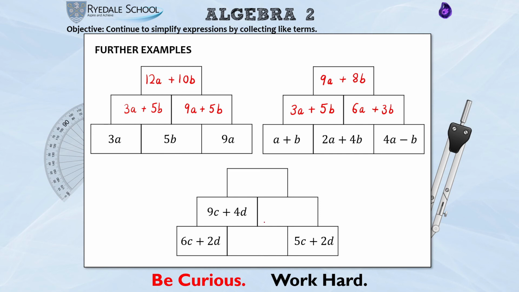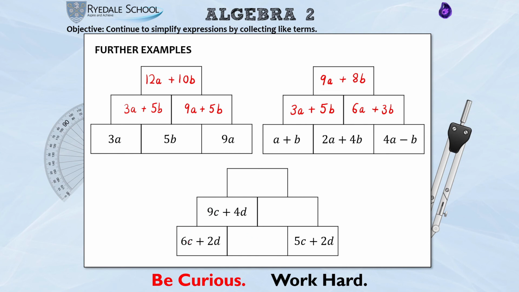In my final pyramid, and you might see some like this today, I've done it a little bit differently. I haven't given you all the 3 bottom blocks. But we know, if I'm going to try and work out this block here, that this and this block that I'm trying to work out must add together to give me the 9C plus 4D. So we can work out this block by doing a little bit of subtraction. What plus 6C makes 9C?